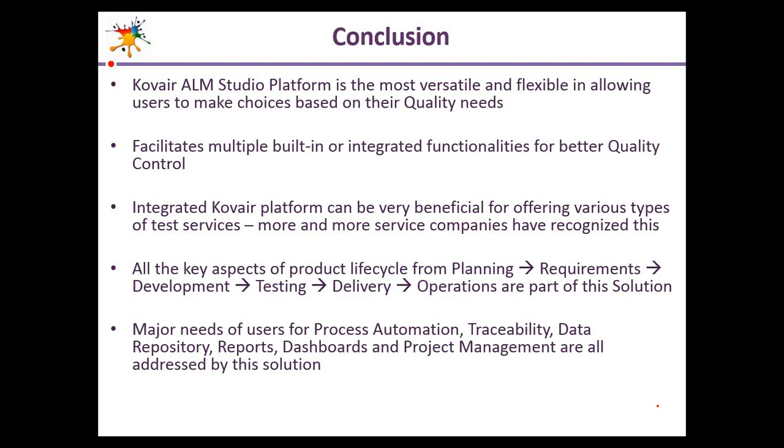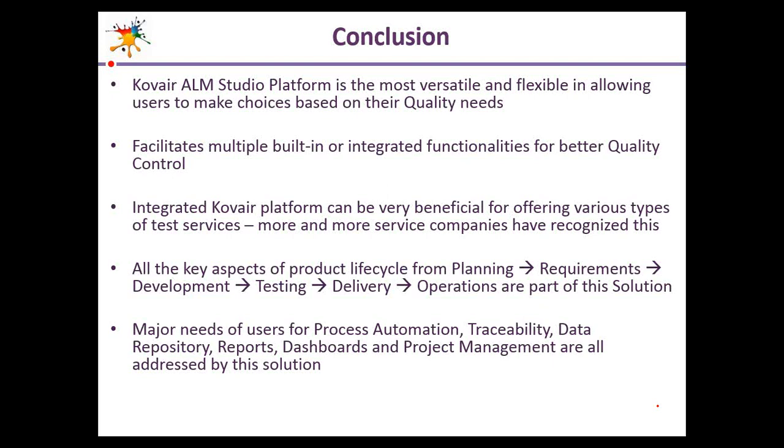And all these things can be automated and achieved through this integrated platform of Kovair. The major needs of users for process automation, traceability, data repository, reports, dashboards, and project management are addressed by this solution.